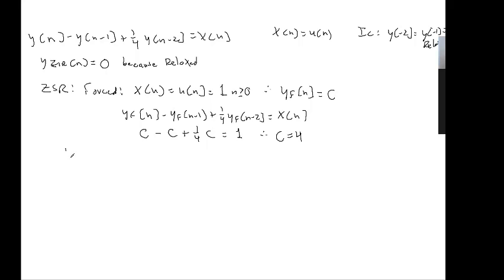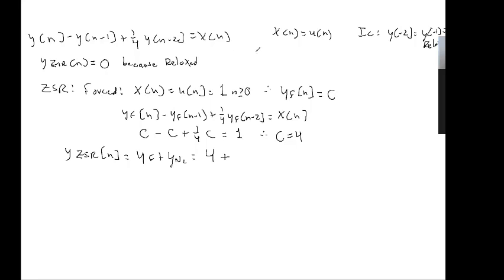And then our zero state response, which is the forced response plus a natural response piece, is going to be that 4 that we just found, plus I need to know what the form of my natural response is. So, well, I guess we're going to have to go up and find that out.